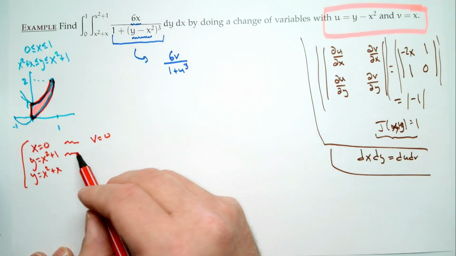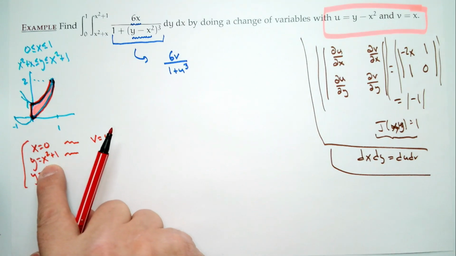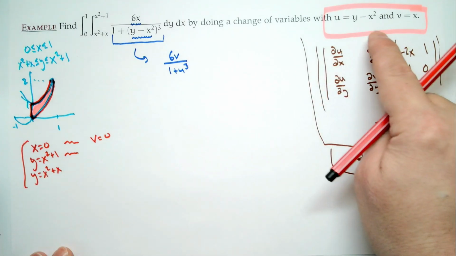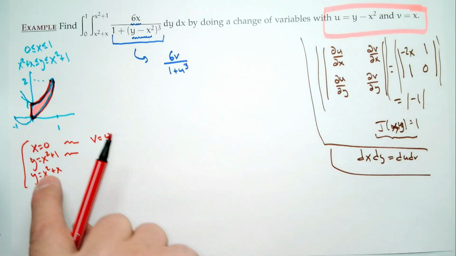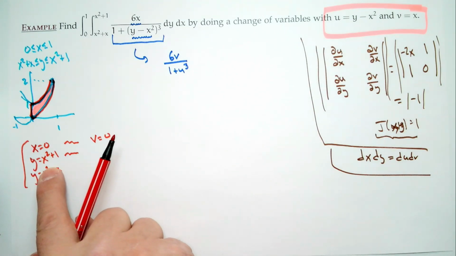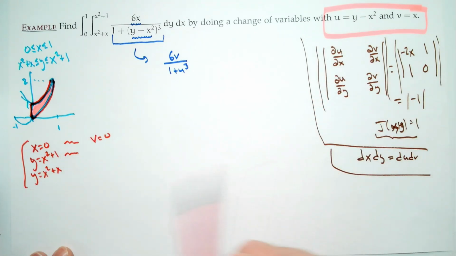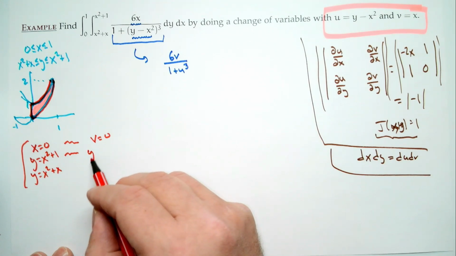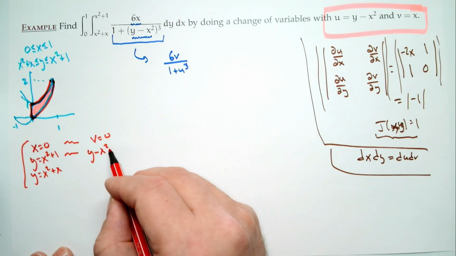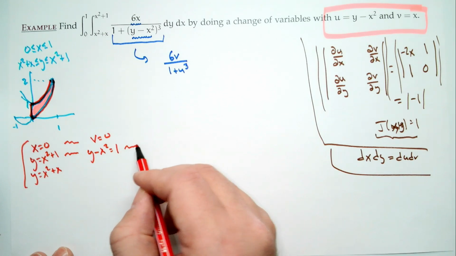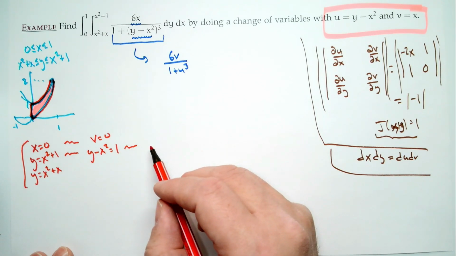Okay, now this one might take a little bit more. Y equals x squared plus 1. When we look at u and v, I want to get something that looks like a u or v involved. So what can we do? If you subtract the x squared over, you get y minus x squared equals 1, which becomes u equals 1.